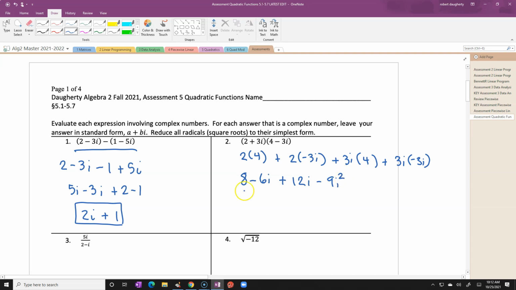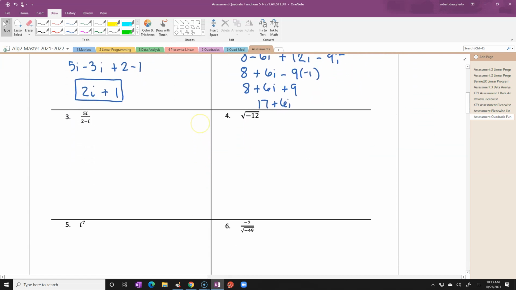So this is 8 plus 6i minus 9 times negative 1. This is 8 plus 6i plus 9. This is 17 plus 6i.